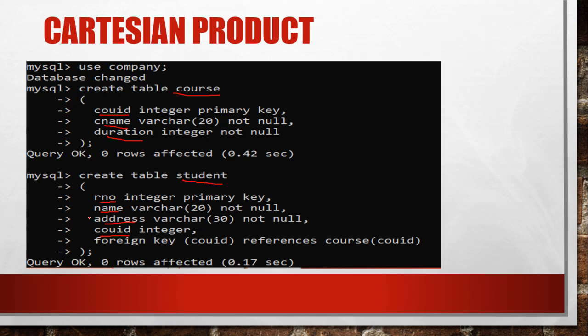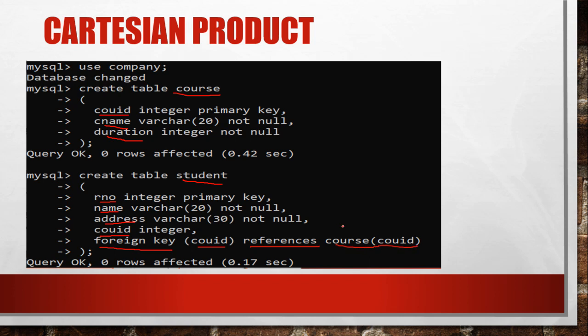And in this case I have created the course ID of this table as a foreign key. And how I will do that, you can see this line: foreign key COU ID references course table course ID.